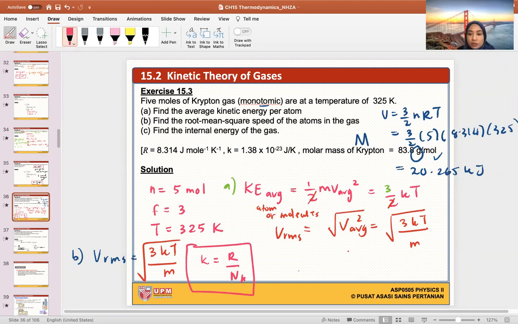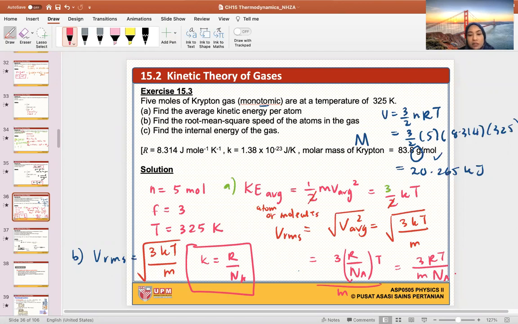So if I substitute this into my equation, it will become the square root of 3 R over NA, T over m. So this gives me 3RT over small m times the Avogadro constant.